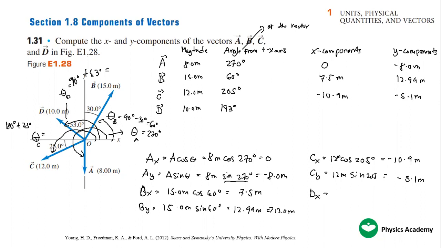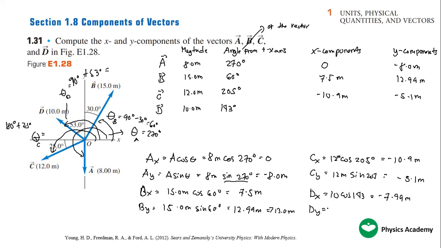For Dx, we have 10 cosine of 143, which is negative 7.99 meters.